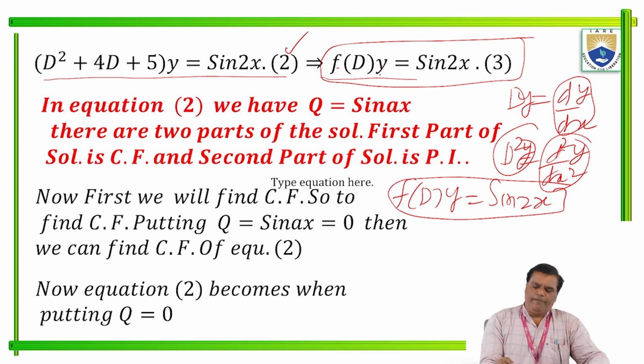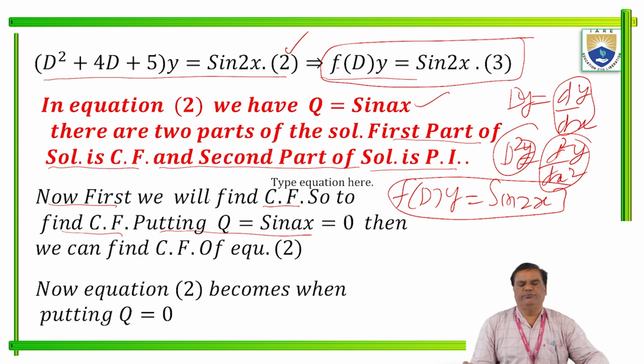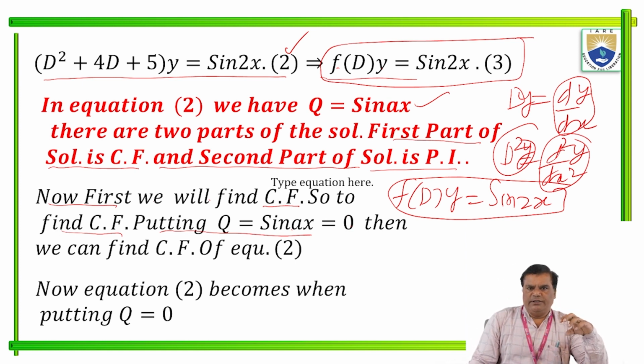In equation 2, we have q equal to sin ax. There are two parts of the solution. The first part is the complementary function and the second part is the particular integral. So first we will find the CF. To find the CF, we put q equal to sin ax equal to 0. When we find the complementary function, q must be 0.